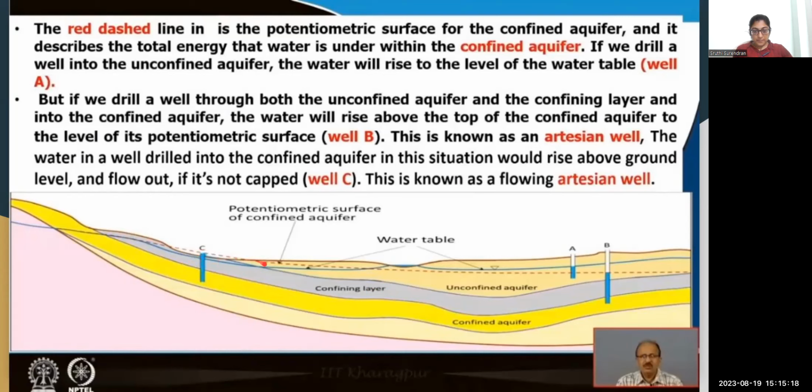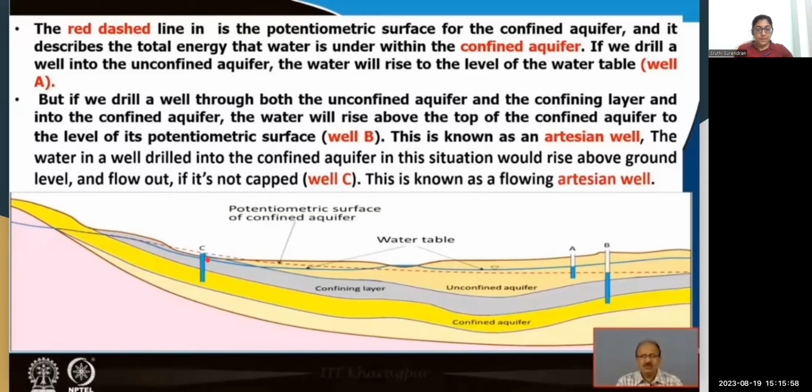When multiple tube wells are drilled into the confined aquifer, by knowing the pressure head of the water in all these tube wells, the imaginary line that is drawn indicating the total energy or total pressure of the water is called the potentiometric surface or the piezometric surface. The potentiometric method is what is used to find the potential water level in confined aquifers.